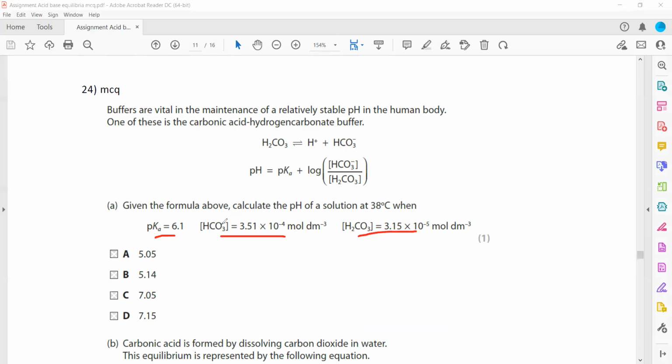The formula is given, the pKa we just substitute, this is 6.1. The amount of hydrogen carbonate and the H2CO3 concentration we just substitute and get the final result, which is 7.15. So D will be the right answer.